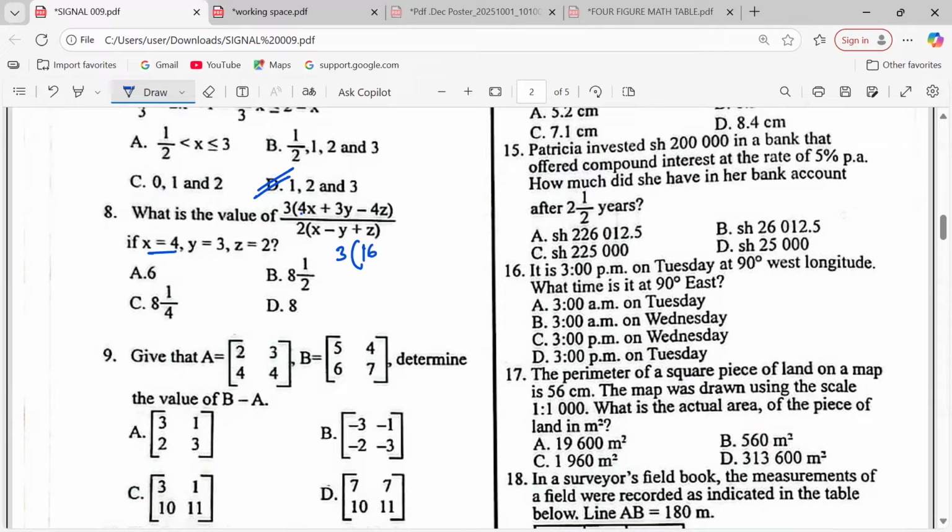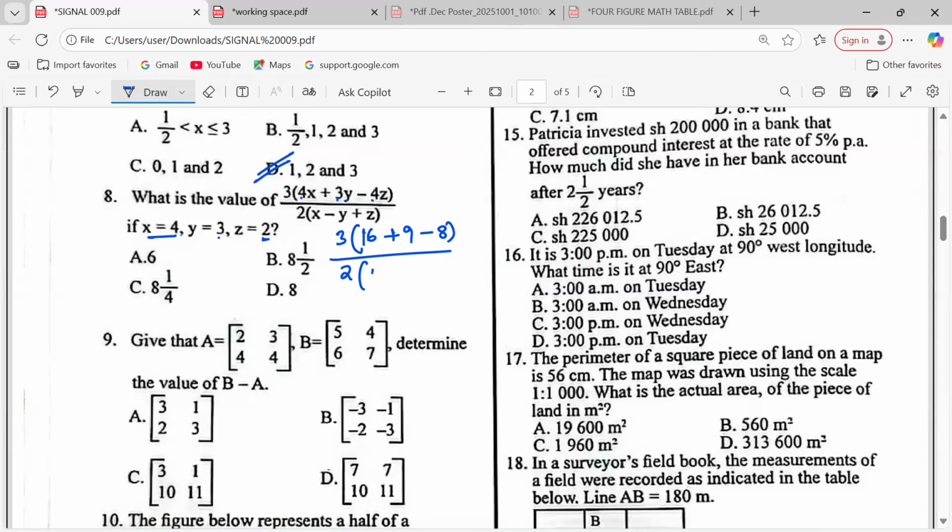That gives us 16, plus 3 times y. The value of y is 3. So 3 times 3 takes us to 9, minus 4 times z, which is 2. That becomes 8. Out of, we divide 2 into x, which is 4, minus y, which is 3, plus z, which is 2.